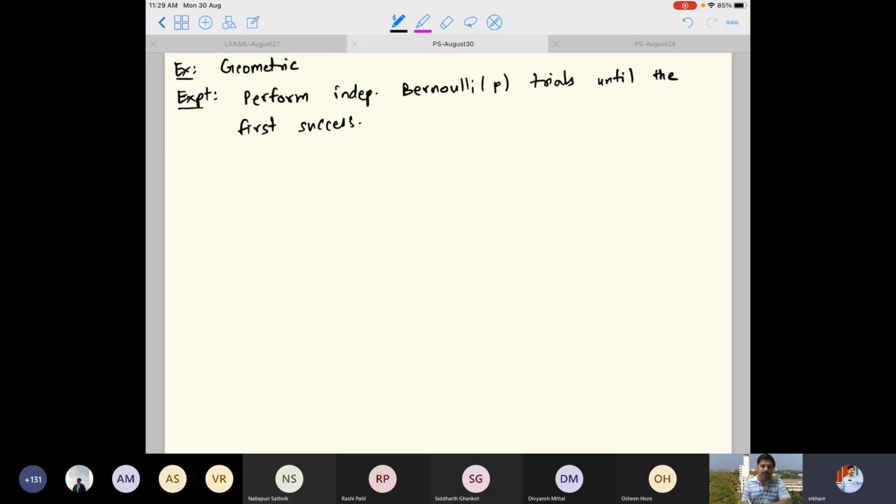So what is the sample space here? The sample space here obviously is: you can get success at the first toss, or failure and then success, or FFS, or FFFS, and so on and so forth. So you have countably infinite outcomes in the sample space. And we already have seen how to do the probability assignment.